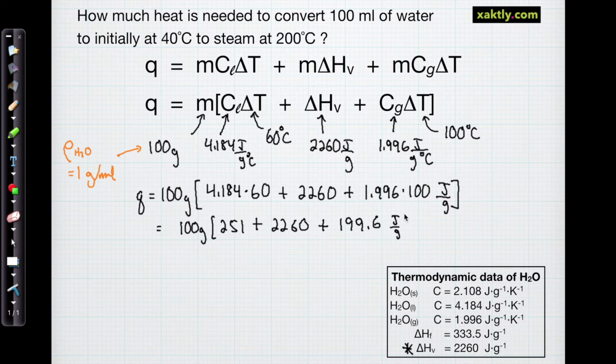Notice that the vaporization term is by far the biggest contributor to the energy that needs to go into this system to raise this temperature. So here's our sum, and then we'll multiply that by 100, canceling the gram units there to get units of joules.